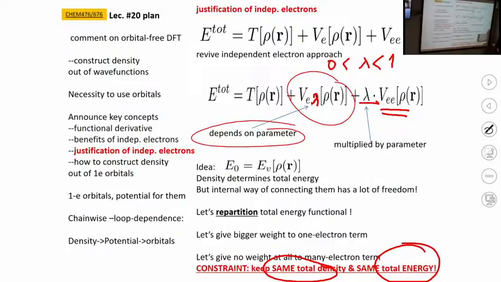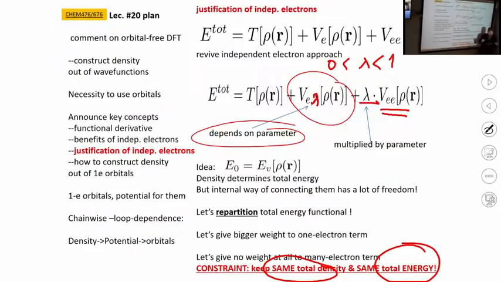What is the price to make such a step? If we want to depart from the realistic universe, if you want to set the factor in front of electron repulsion to 0, then the form of converting density into electron to nuclear energy should change.